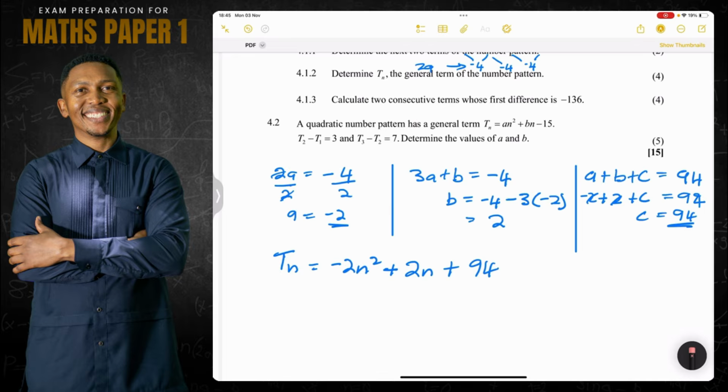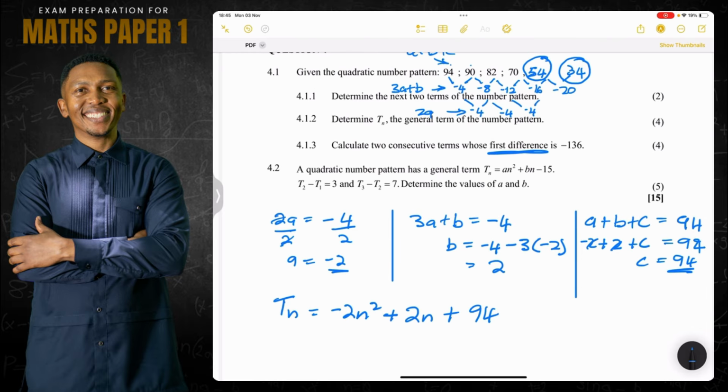Now, please, I want you to note this, and I want you to listen to this very carefully, guys. So whenever I look at the first difference, the first difference of a quadratic sequence is an arithmetic sequence, or what we call a linear pattern.